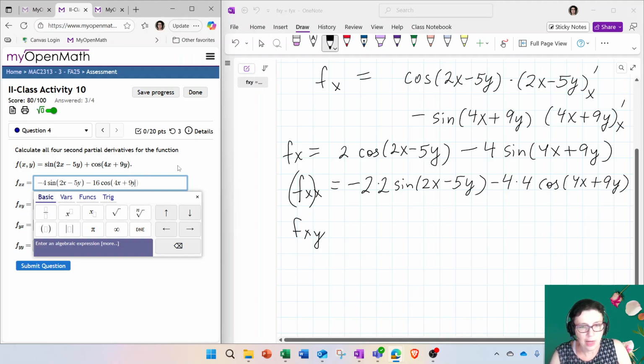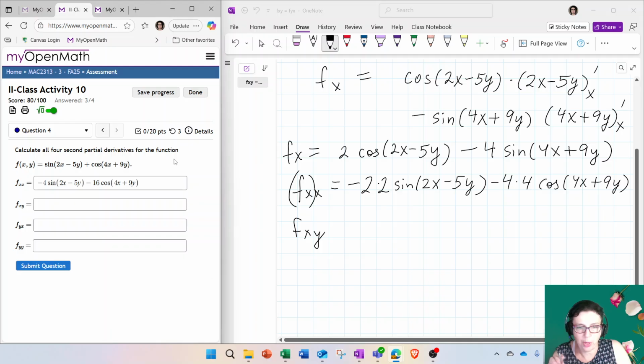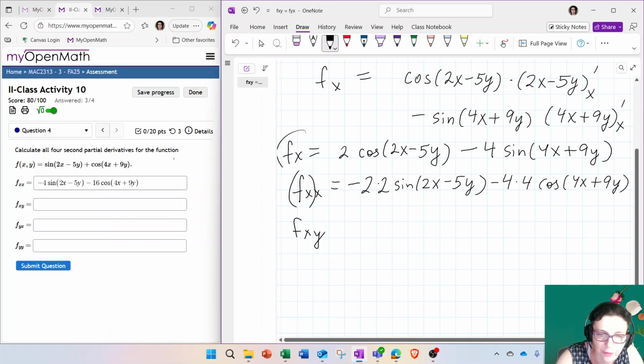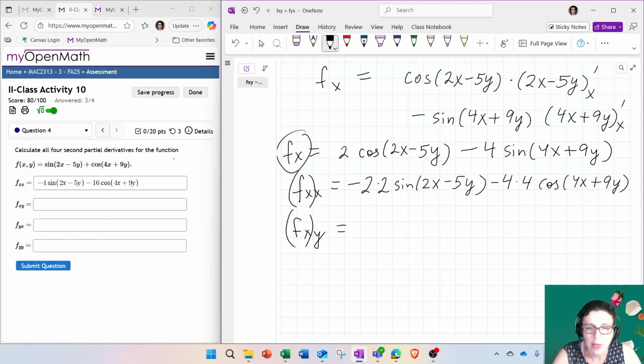All right, now let's do the mixed partial, so xy. So we're taking fx, and then taking the derivative of that with respect to y. So let's see what happens. Again, cosine of a thing is negative sine of the same thing, multiplied by the derivative of the thing, which is 2x minus 5y, with respect to y now, which is going to give you negative 5, right?